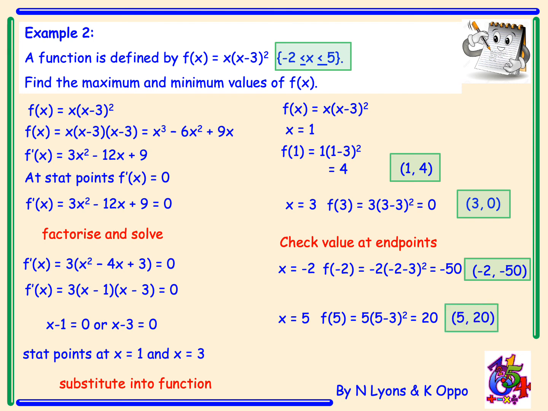So consider the point (5, 20). Which one has got the maximum value and which one has the minimum value? I'm looking for the largest y coordinate and the smallest y coordinate. Stated, the maximum value equals 20 at x equals 5, and the minimum value equals negative 50 at x equals negative 2.